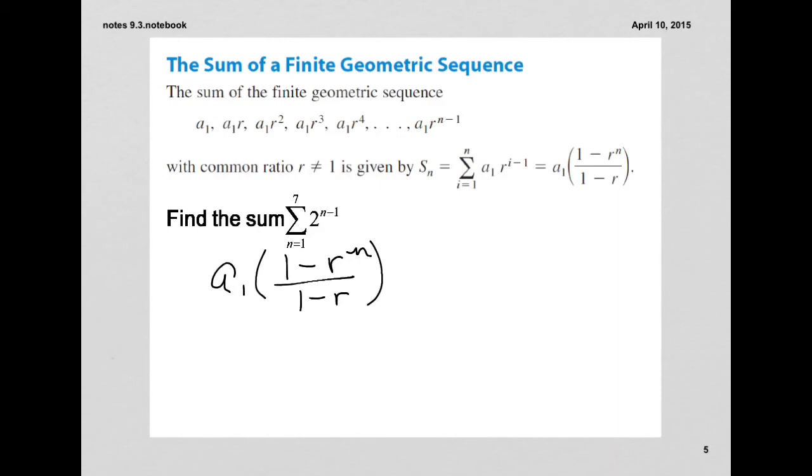Okay, if we look at our problem, we see that we get r from right here. That's my r. My a sub 1 is going to be plugging into that, so I'm looking for a sub 1. That's equal to 2 to the 1 minus 1, which is equal to 1.